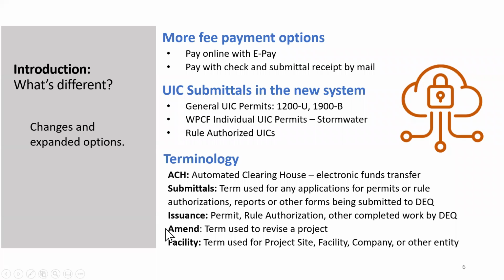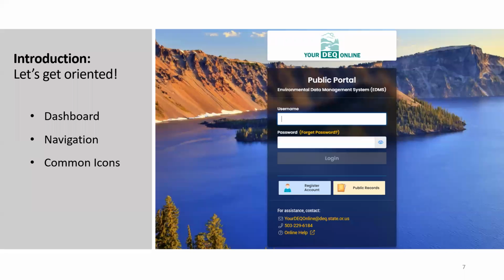So facility is going to be a term you see, and you'll also see it interchangeable with site a lot of the time in the system. So, bear with us with that. If those are some changes for you, I just want to acknowledge that change takes a little bit of time to adjust to.